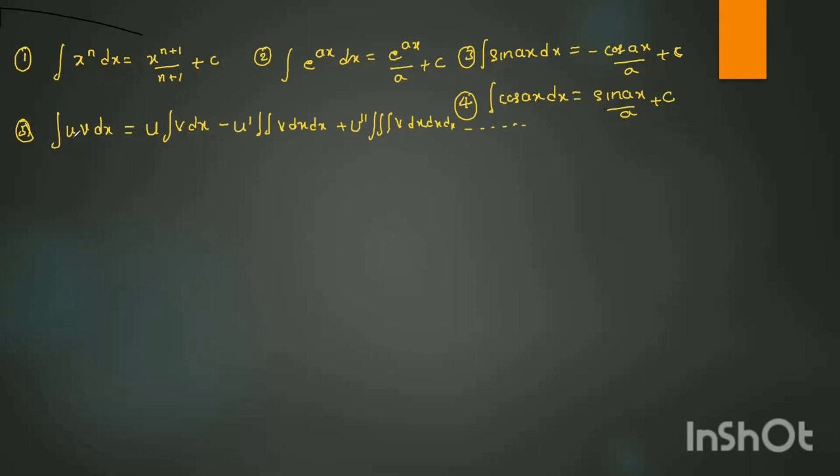You need to choose a u term such that after the second, third or fourth differentiation of u, it becomes 0. We'll see examples of that, no need to worry.